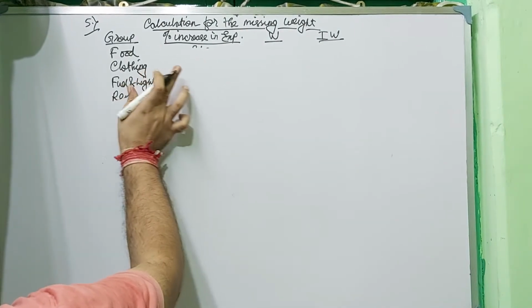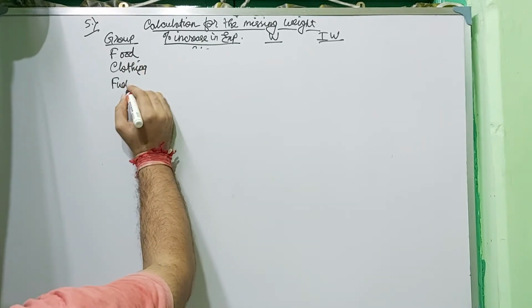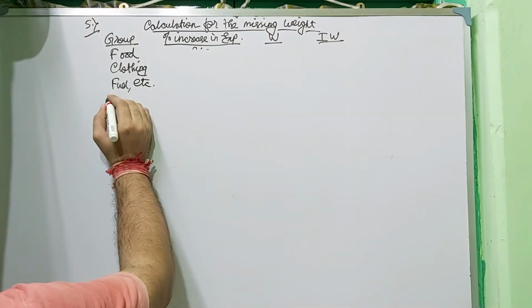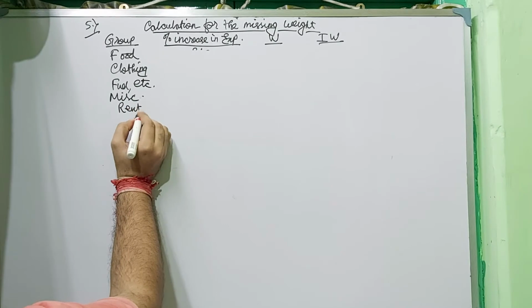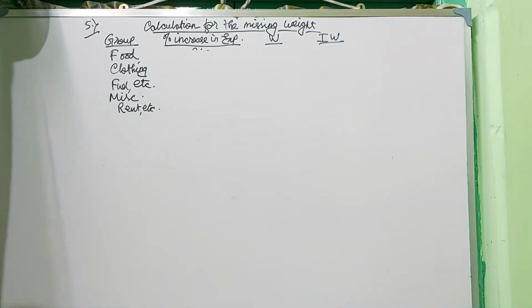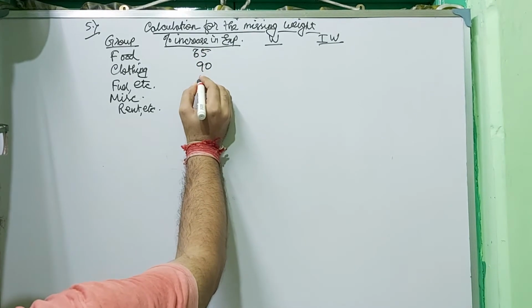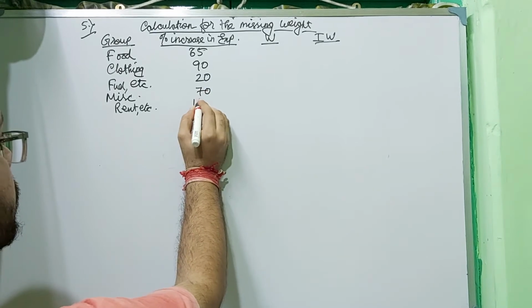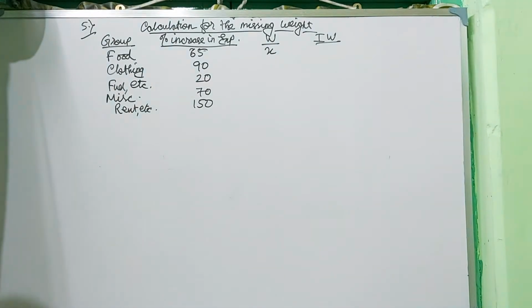Sorry, fuel, etc. I have taken in the previous sum. Sorry, fuel, etc., miscellaneous and rent. So the percentage increase is 65, 90, 20, 65, 90, 20, 71. And for the weight of food, obviously you have to consider X.